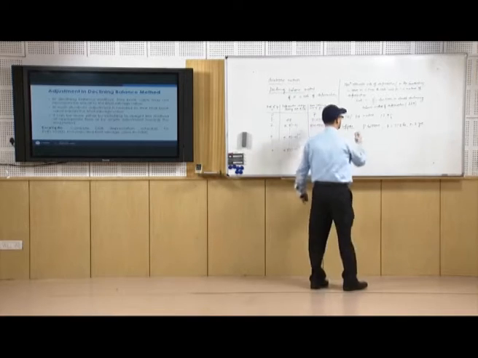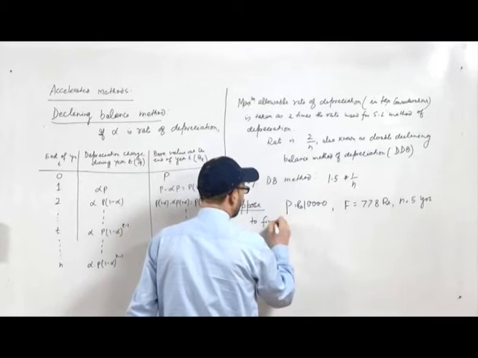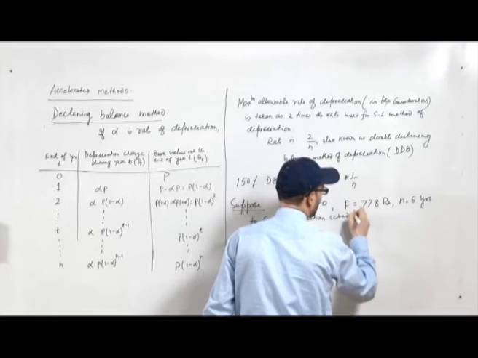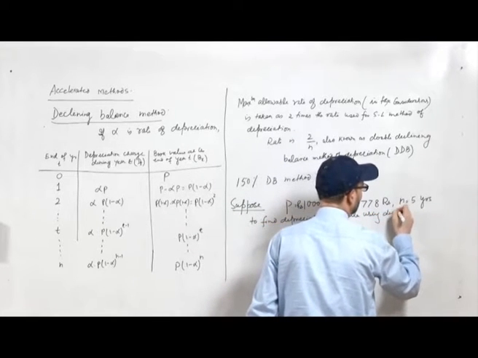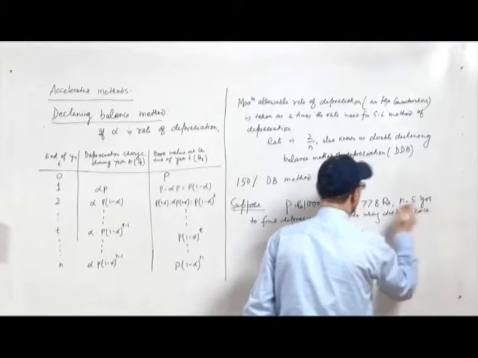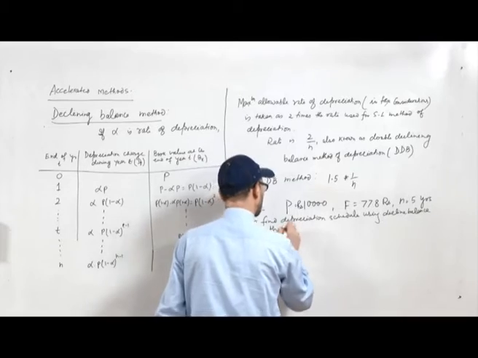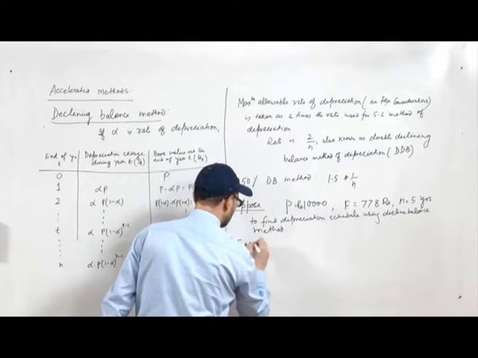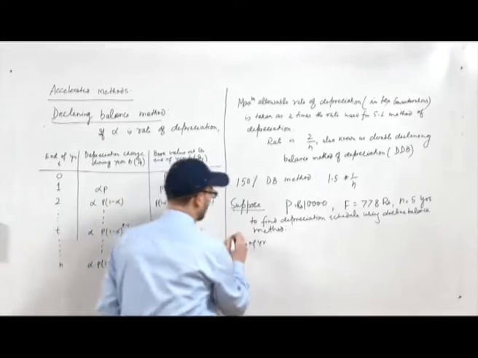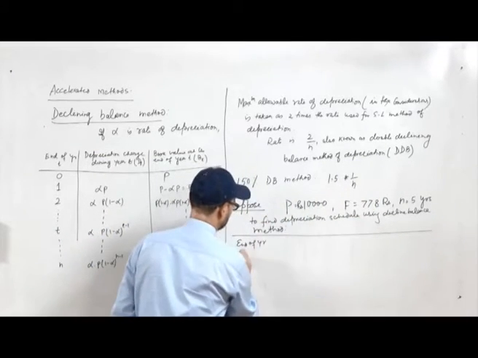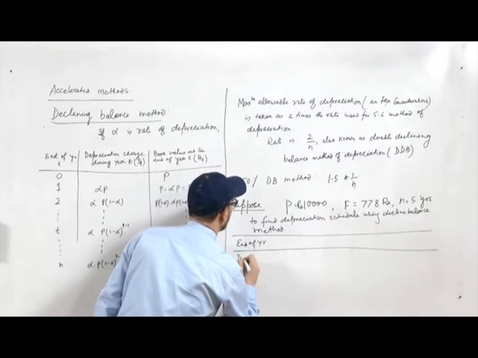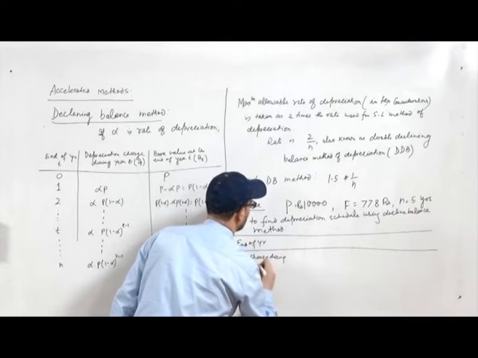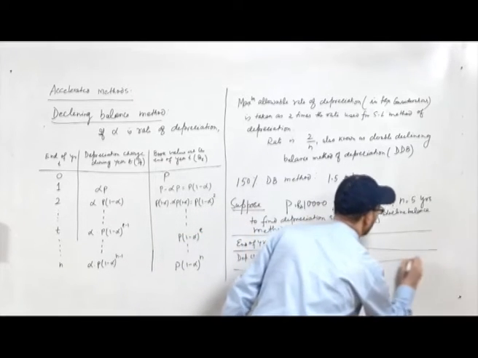So, if you are told to find depreciation schedule using declining balance method, what we will see is you have end of year, depreciation charge during year and book value at the end of year.